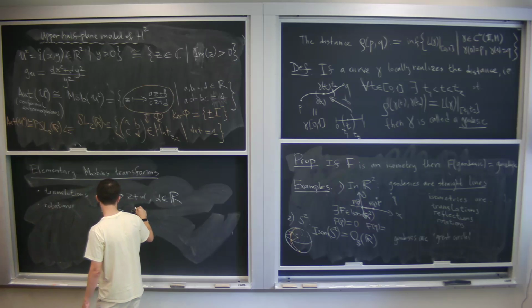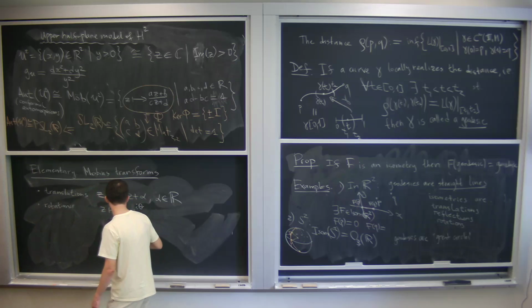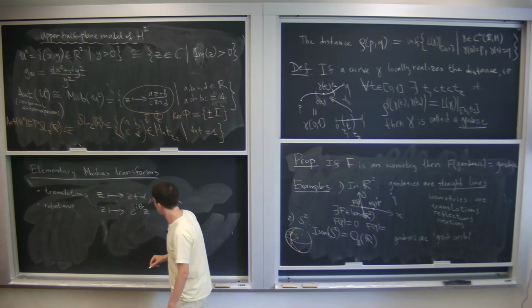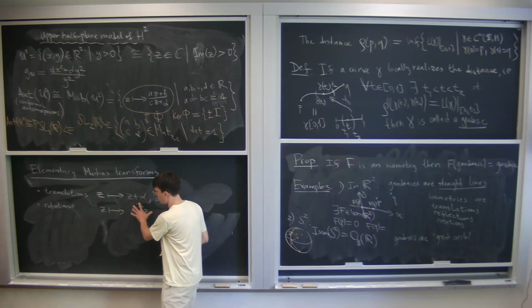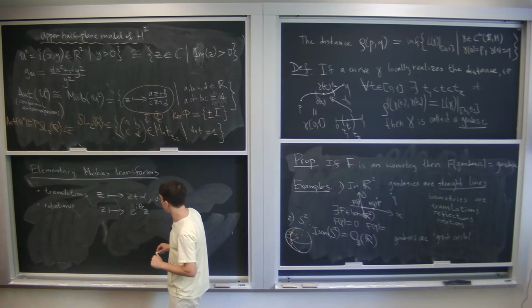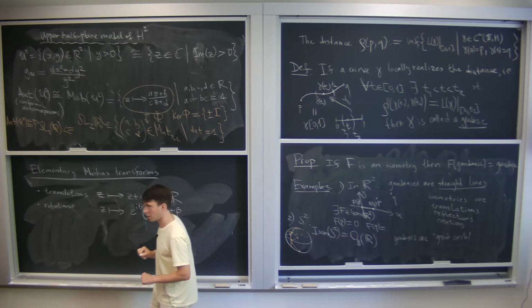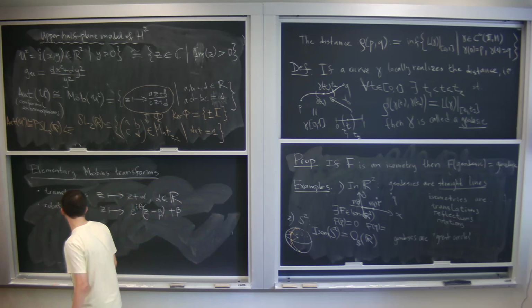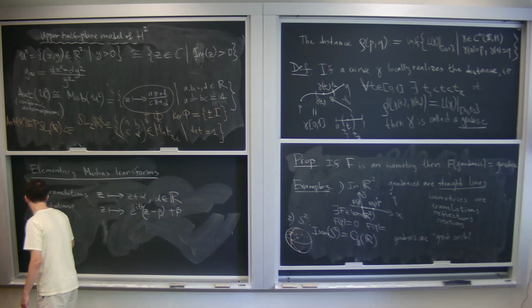This is a rotation with respect to some angle theta, if we rotate around the origin. But if we rotate around some other point, say beta, then it will be e to the i theta times (z minus beta) plus beta. And also I want to introduce dilations and inversions.